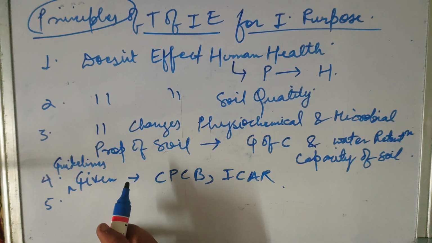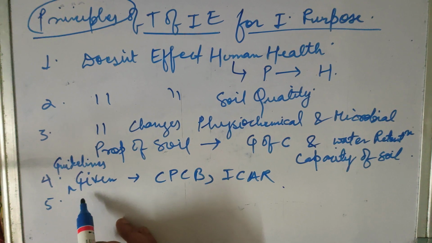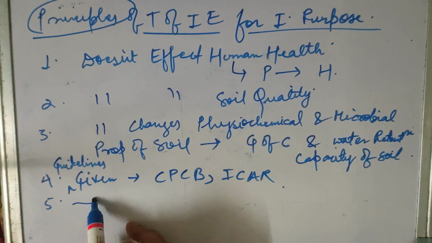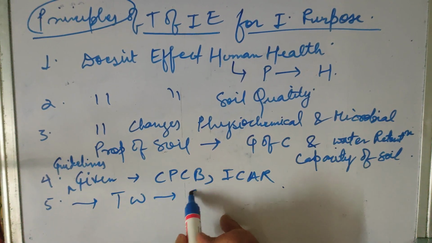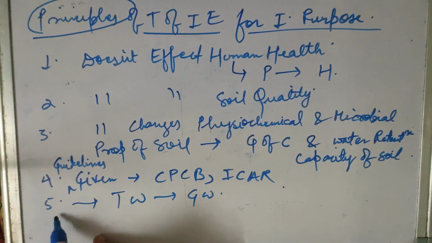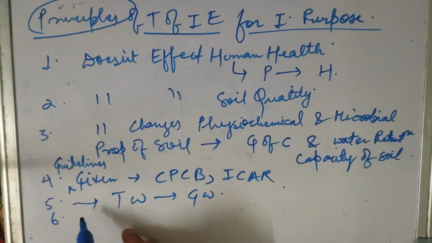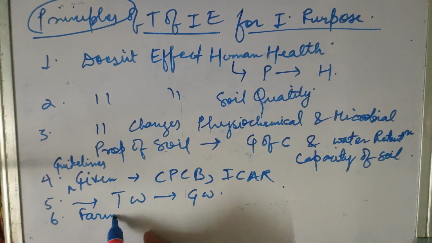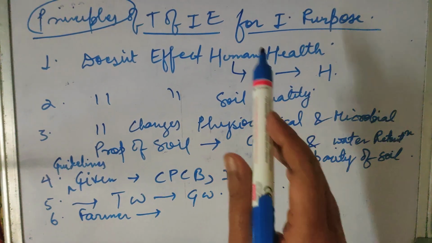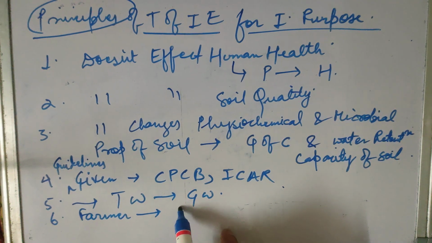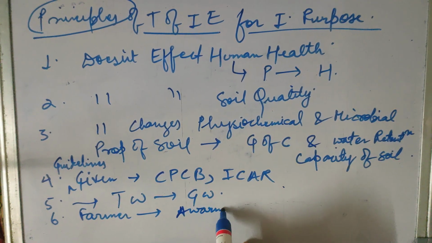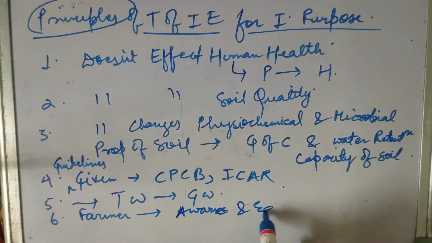Treated water can be helpful in conserving groundwater which is overexploited. Farmers using treated water of industrial effluents for irrigation purposes should be well aware and educated.